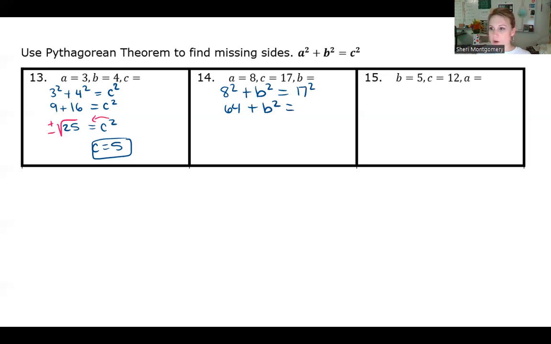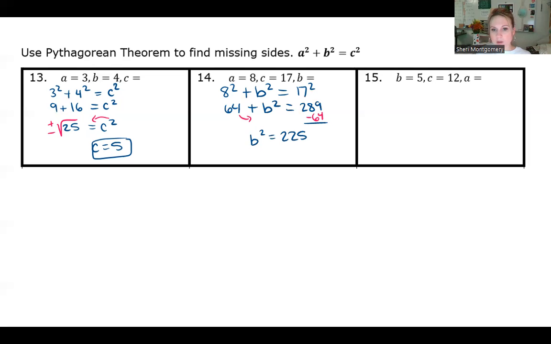17 squared. We don't know it, so type it in your calculator. 17 times 17. All right, so to be able to solve this one, we need to bring the 64 over, so subtract 64. 289 minus 64.